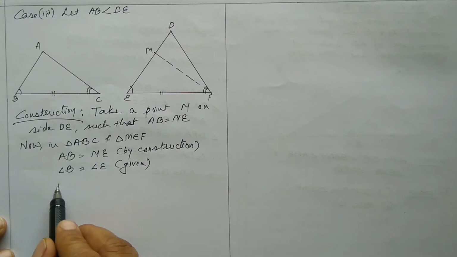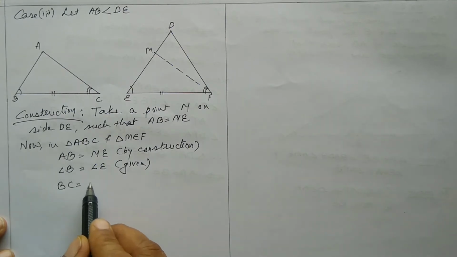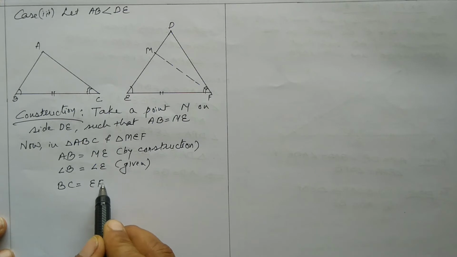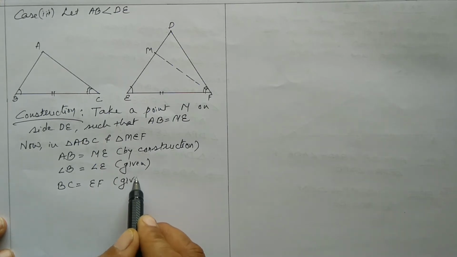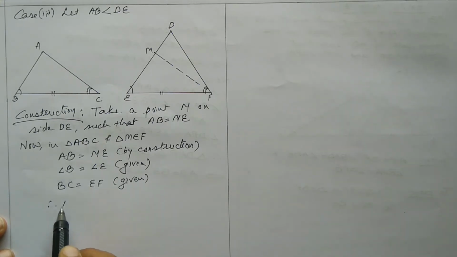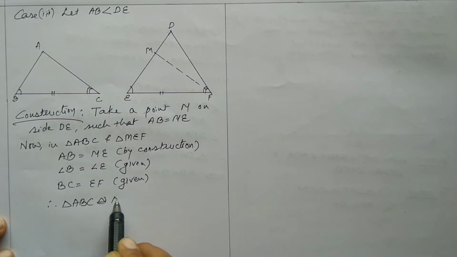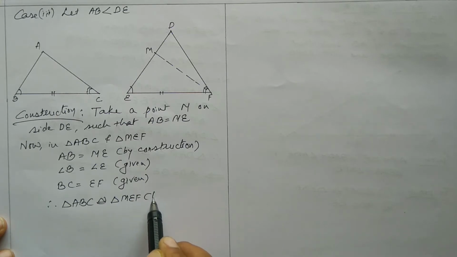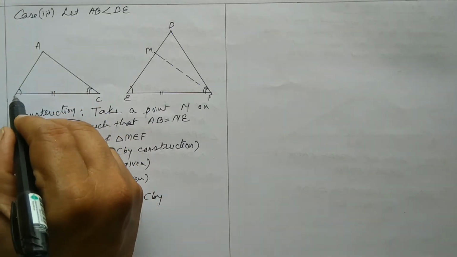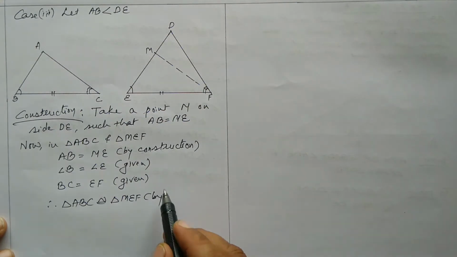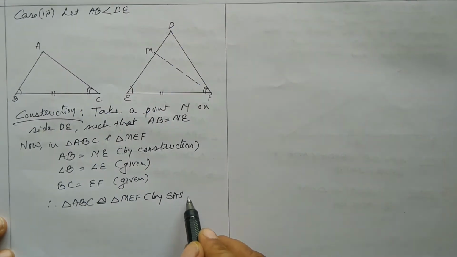And side BC is equal to side EF. This is also given to us. Therefore, triangle ABC is congruent to triangle MEF by side angle side, SAS congruence rule or SAS rule.